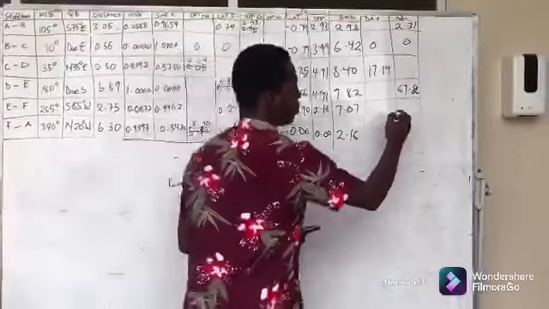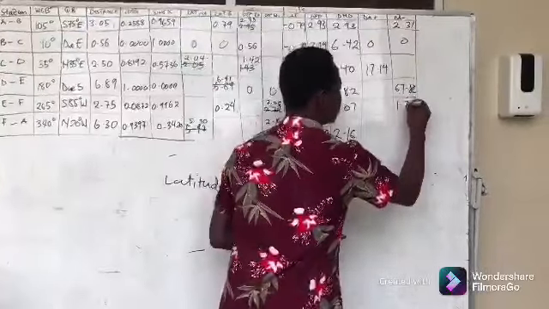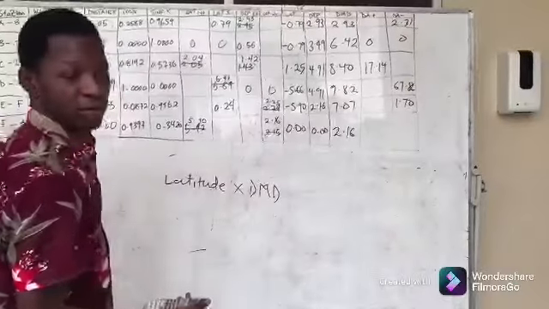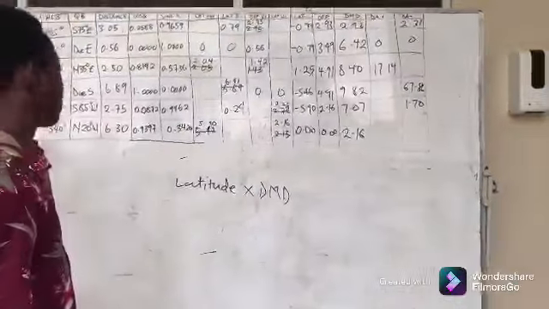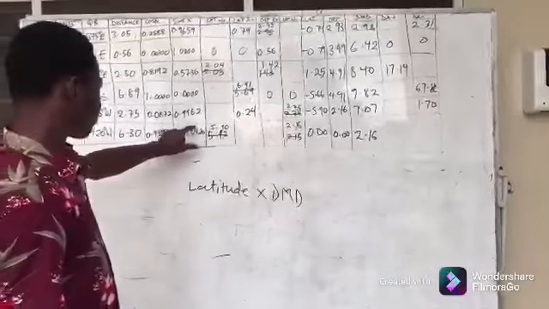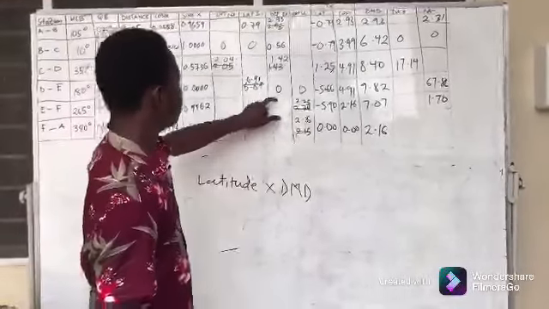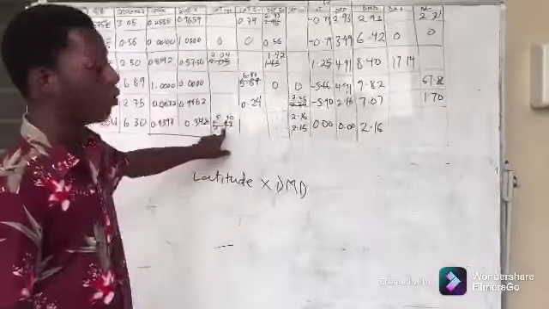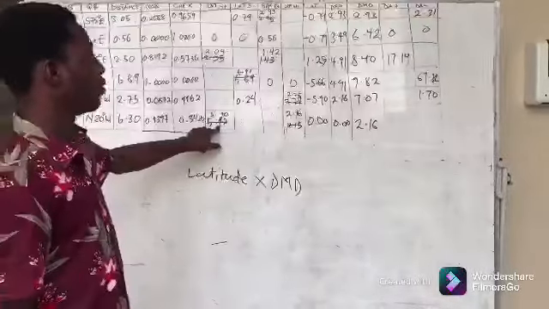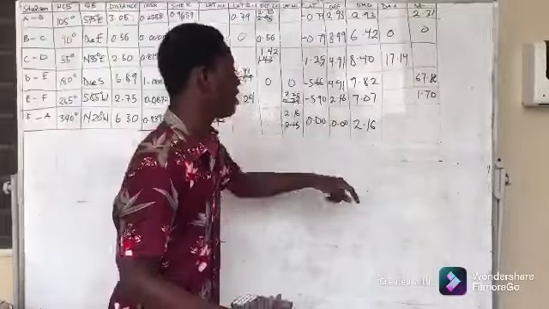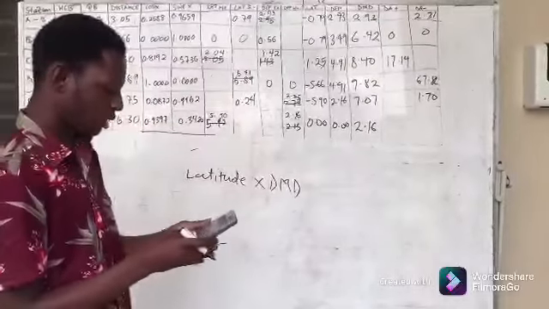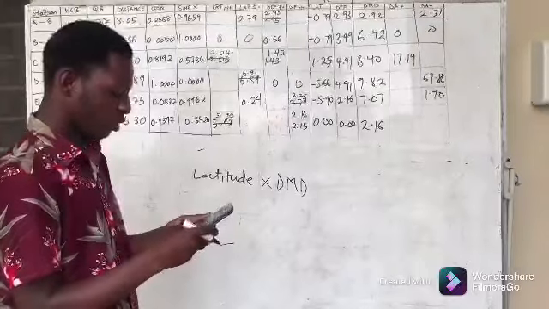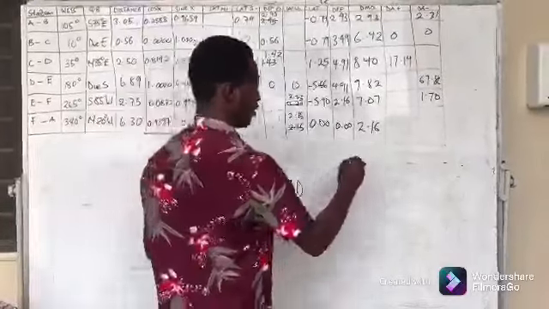It's a negative value, so I'll place it here, 1.70. And the value for the last station, which is FA, is the latitude, which is positive 5.90 times the corresponding DMD, which is 2.16. So 5.90 times 2.16, which will give you 12.74.